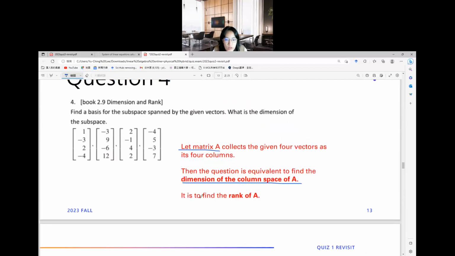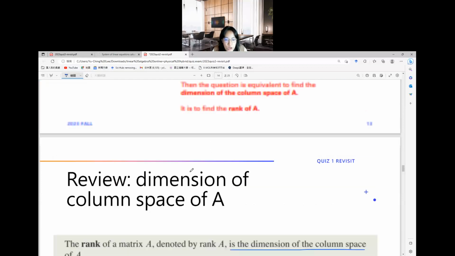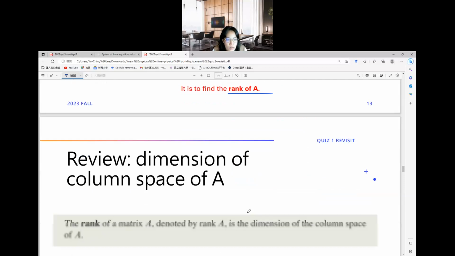And what about the dimension of the column space of A? Here we can review that the rank of matrix A is the dimension of the column space of A. Basically, that's the definition of a rank. So in order to find the dimension of the column space of A, it's equal to finding the rank of A. How do we find the rank of A?